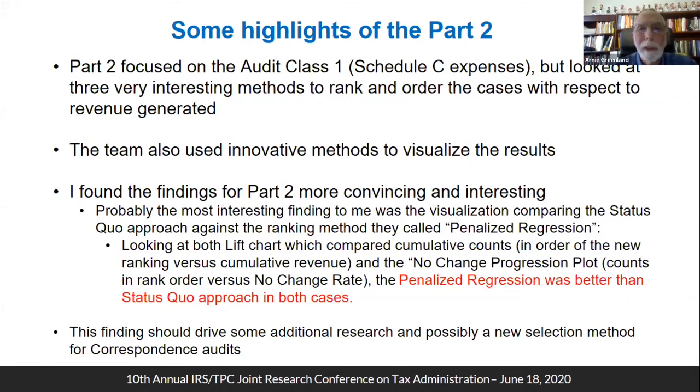Similarly, in the no change progression plot, the penalized regression had a lower, and therefore better, no change rate than the status quo. So in other words, uniformly on both metrics better than status quo. So it seemed to me that this opened up a very interesting potential benefit of this work, and one that in my view should definitely be pursued.